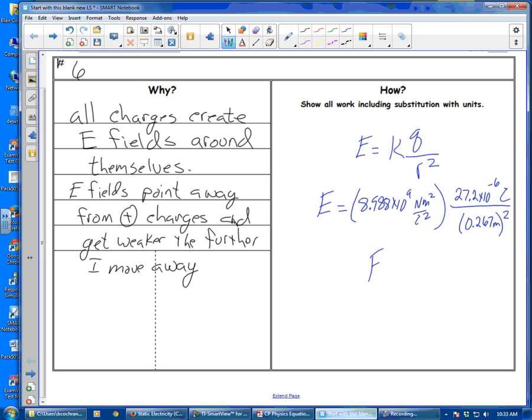And I will find my electric field strength, and it will be in newtons per coulomb due to using the correct values. Let me know if you need help individually on that one.